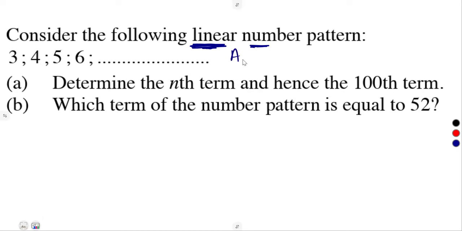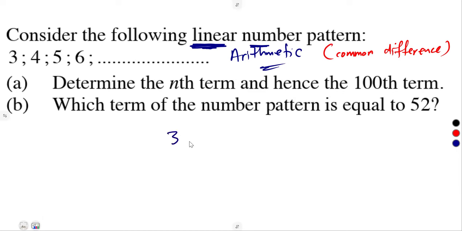That's an arithmetic sequence, where we understand that we must have a common difference between the given terms. So we have the sequence given with the terms 3, 4, 5, and 6, representing the first term, the second, the third, the fourth, and so on.